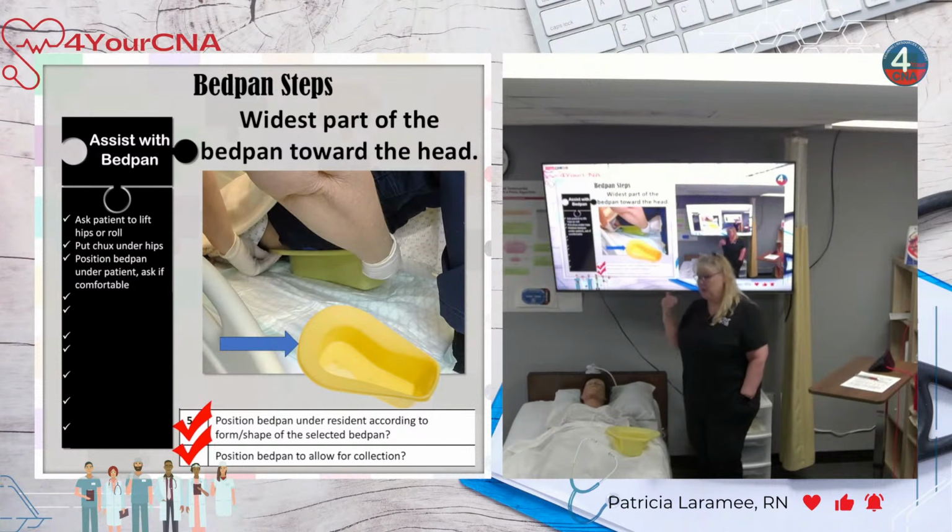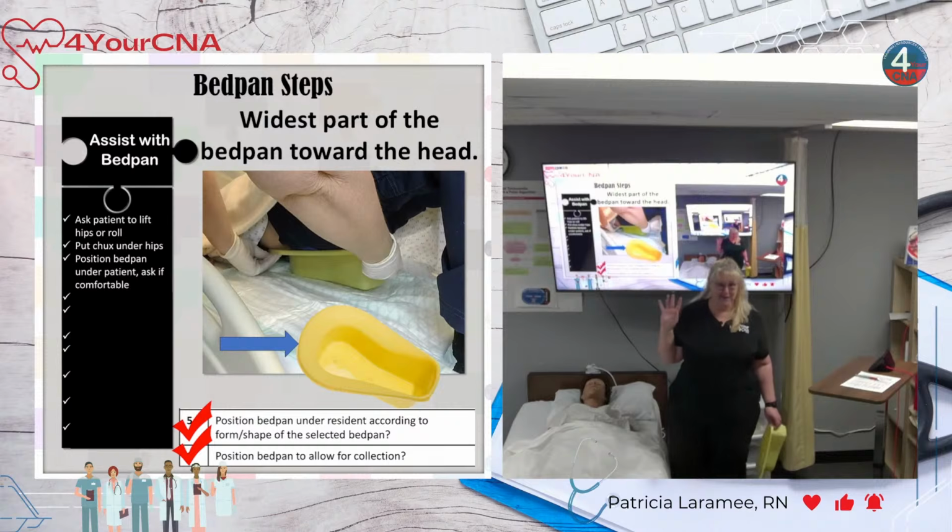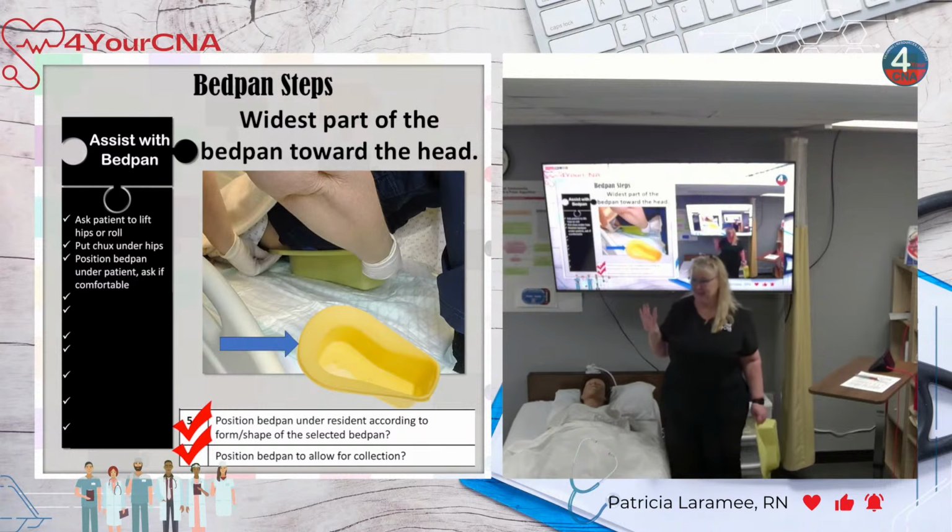Now there's another trick that I want to talk about. This bedpan is plastic. How many of you guys in your cars have plastic or pleather seats, where they're not cloth? When you sit on those seats in the summer in your shorts, what happens to your skin?